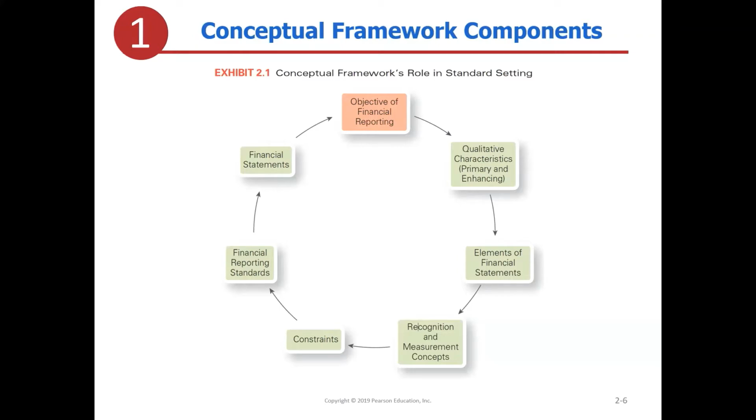In this way, the financial statements are designed to meet the objective of financial reporting. Exhibit 2.1 also illustrates the use of the conceptual framework in developing new standards and justifying existing standards.